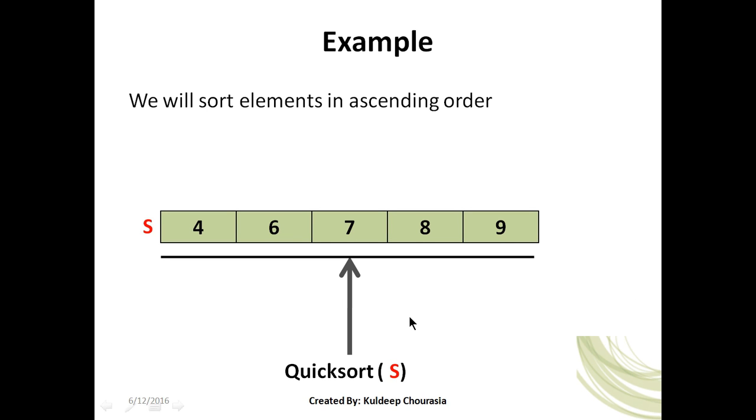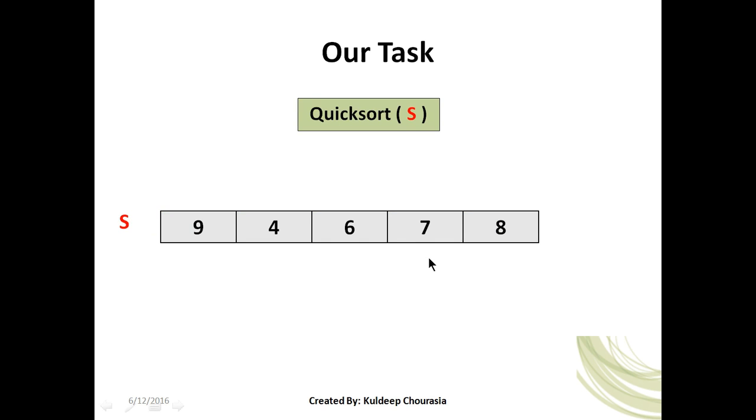So when I apply the Quicksort algorithm, I get 4, 6, 7, 8, 9 in ascending order. Now we are going to discuss how this sorting took place. So this is our task in hand. We have the Quicksort algorithm which will sort the set S, which consists of integers 9, 4, 6, 7 and 8.